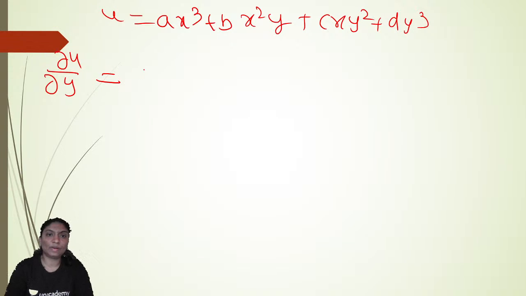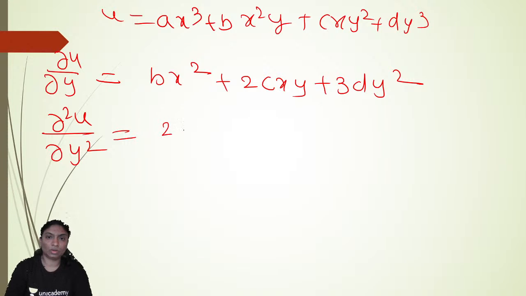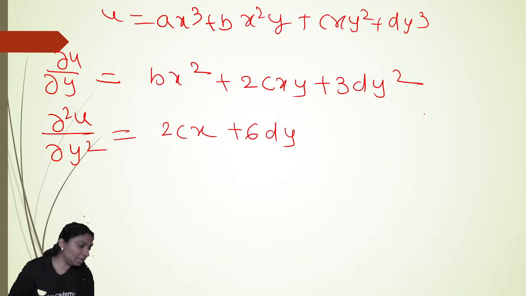So delta u by delta y is bx square plus 2cxy plus 3dy square. Delta square u upon delta y square is equal to 2cx plus 6dy. Okay, 2cx plus 6dy. Call this equation number 2.